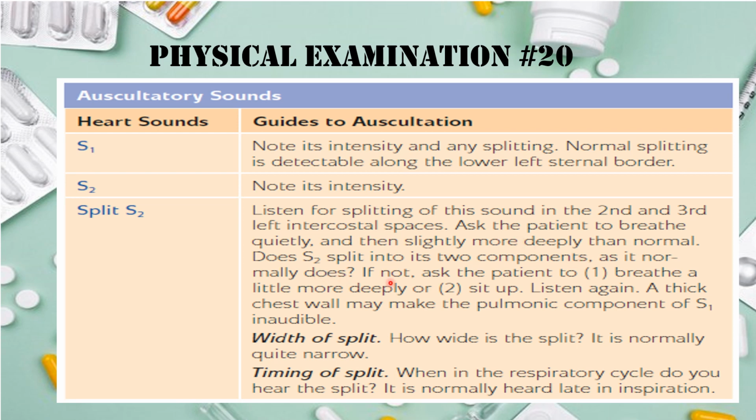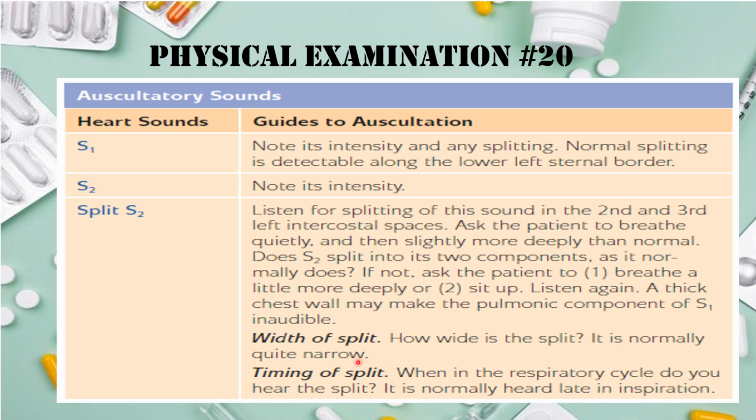Does S2 split into these two components as it normally does? If not, ask the patient to breathe a little more deeply or sit up. Listen again. A thick chest wall may make the pulmonic component of S2 inaudible. So the width of the split, how wide is the split?